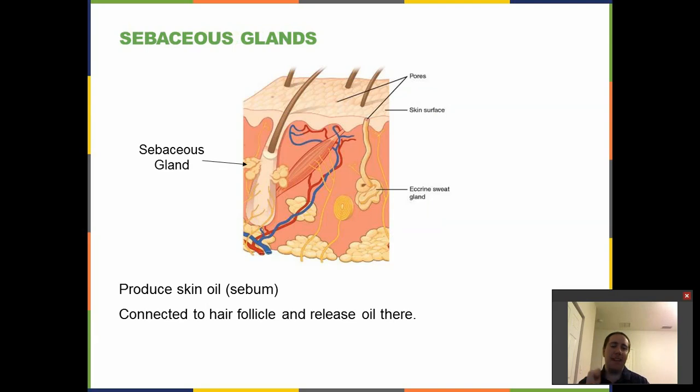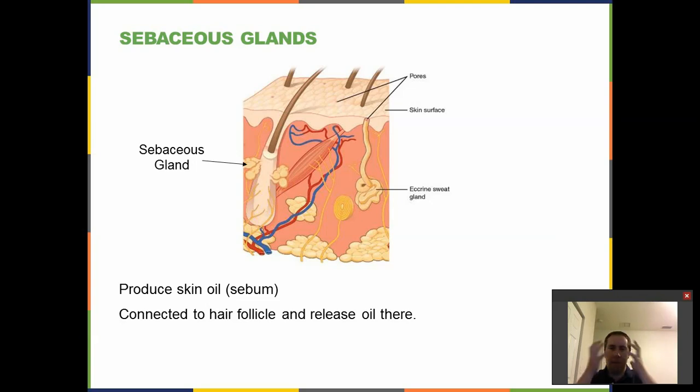So the last type of gland in the skin, we have lots of other glands, but the last type of gland in the skin are sebaceous glands. These make our skin oil. Now, some people have oily skin, some people have more dry skin, but we all have some of this oil. It's just, do you get slippery and shiny, or do you stay all nice looking? And we have higher concentrations of sebaceous glands in some locations in our body.